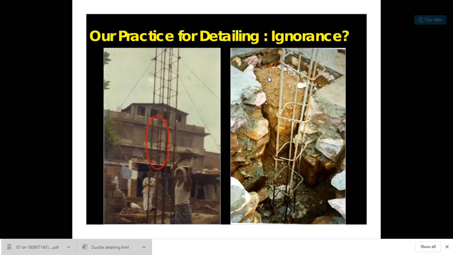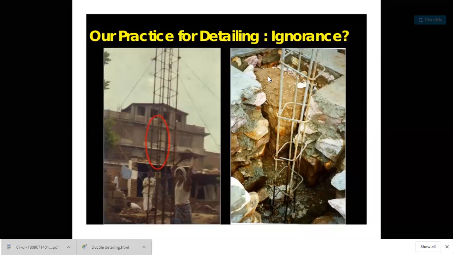The second thing is that the spacing shown over there should be an equal amount. That is, the distance between the two bars should be in an equal manner. And the steel reinforcement should be placed only vertically. If they are placed vertically, then our column will become a vertical column.